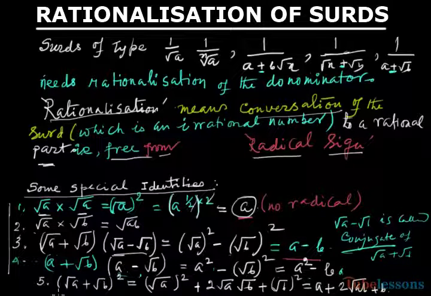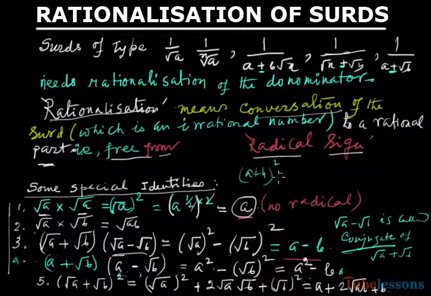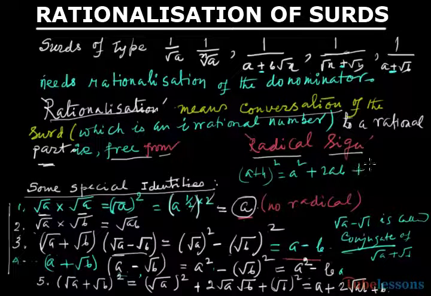The last one, root a plus root b whole square. This is an identity. Sometimes we need the square of these surds. As we know, a plus b whole square is equal to a square plus 2ab plus b square.